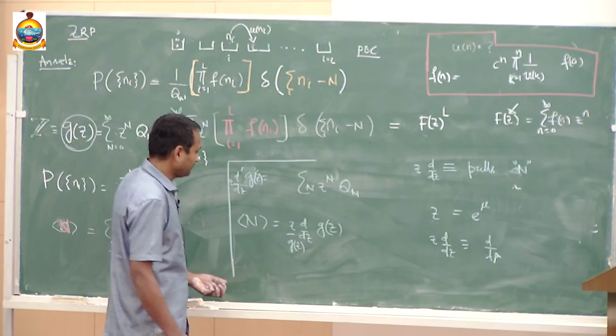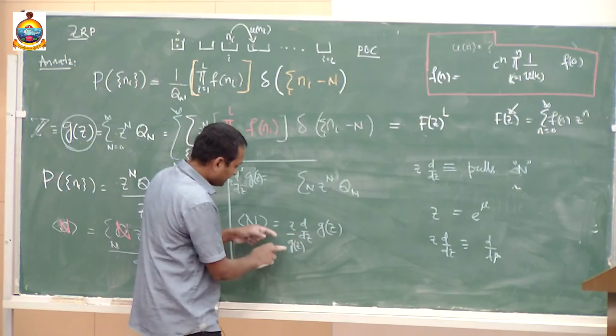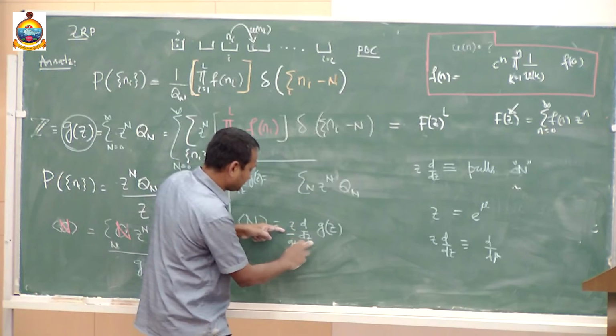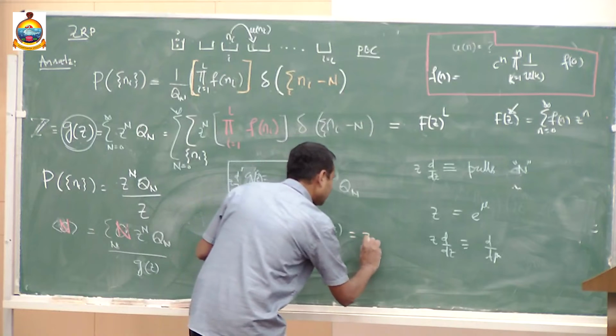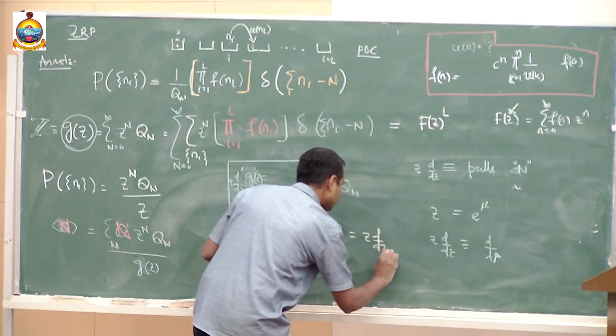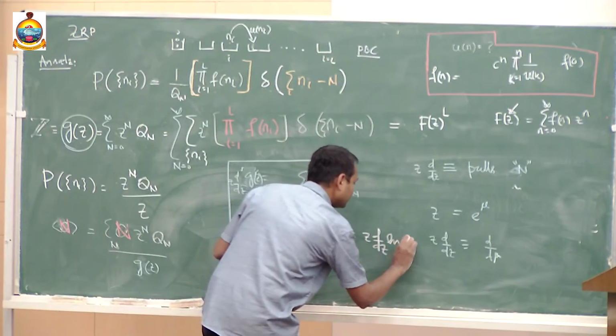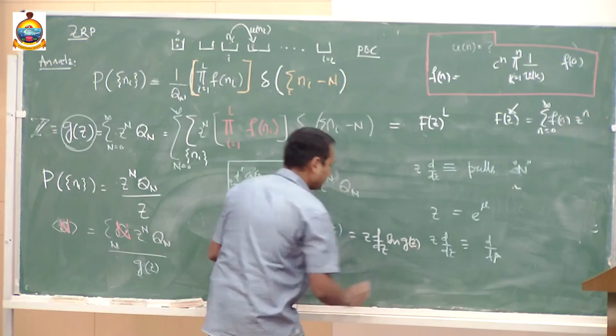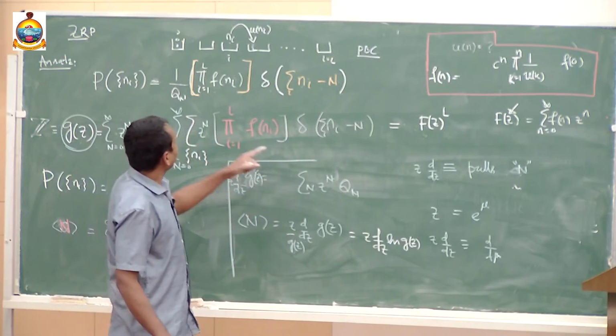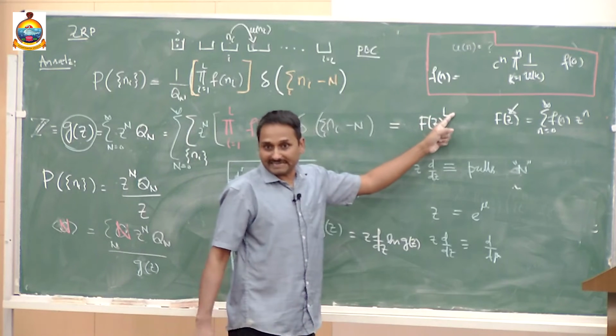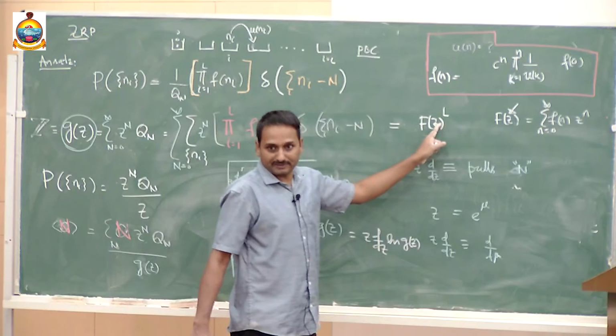So I will use z d by dz of this, which can be written as z d by dz of log of g(z). But log of g(z) is just f(z) to the power l, since g(z) is f(z) whole to the power l. So this is l log of f(z).